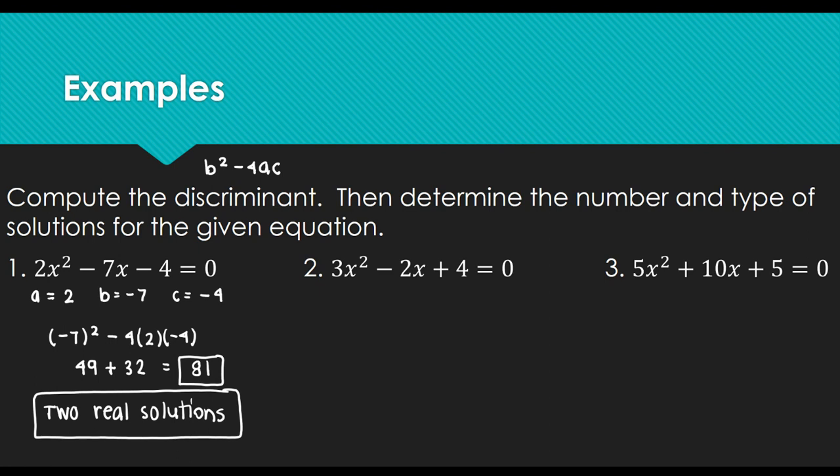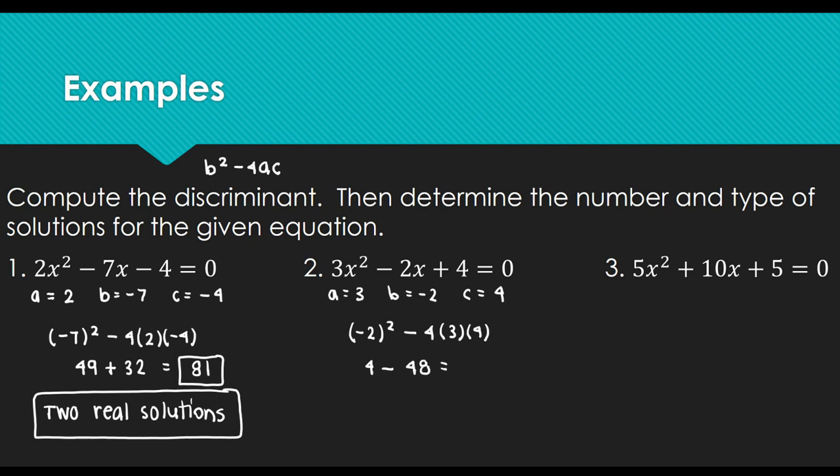In the next one, once again, it is in general form. Notice that A is 3, B is -2, and C is 4. So I do b squared minus 4 times A times C. Well, -2 quantity squared is 4. We'll only have one negative sign, so minus 4 times 3 is 12, and 12 times 4 is going to give me 48.